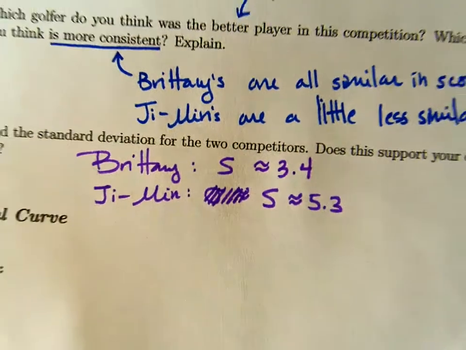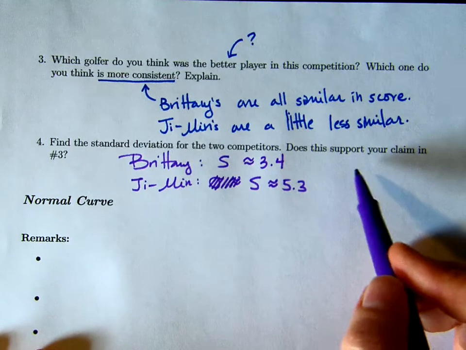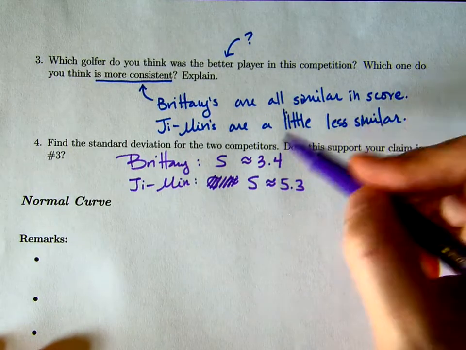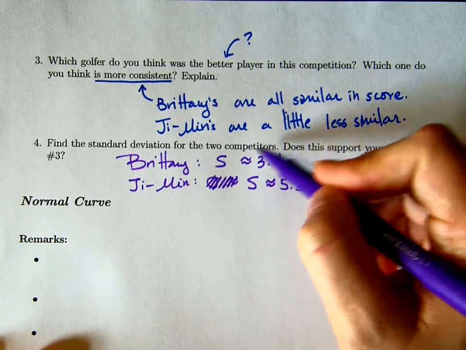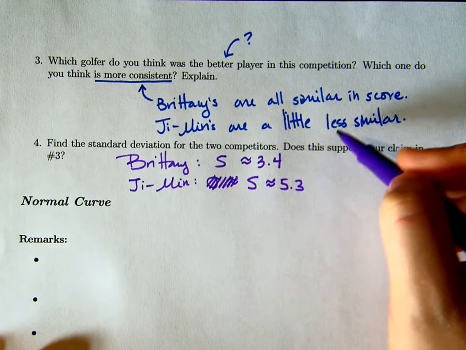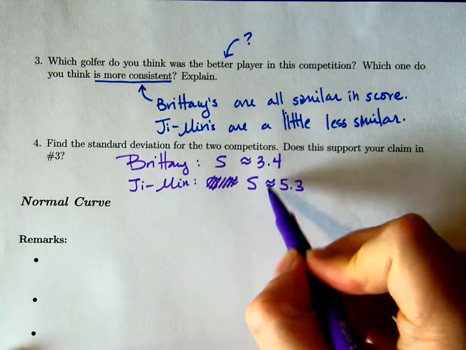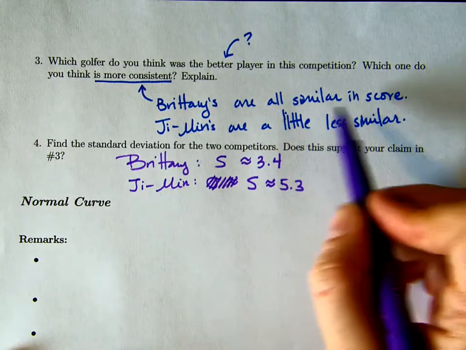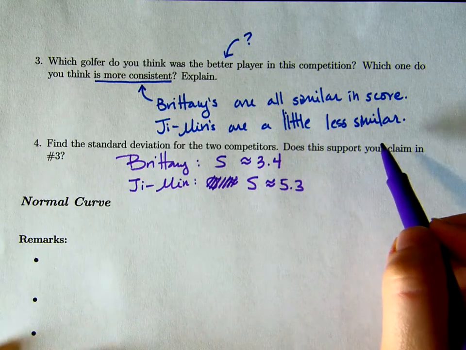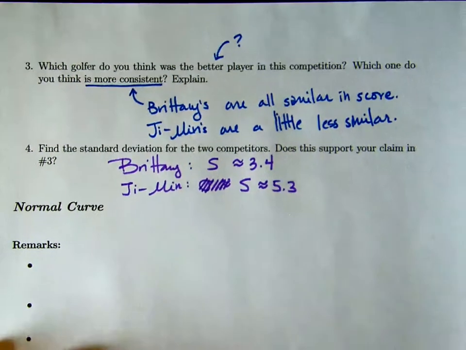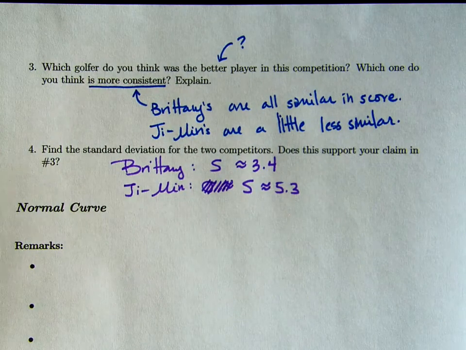Okay, and so here's the thing. Does this support your claim? Yes, actually, because the less this number is, the lower the deviation, the more similar your scores are as a whole. The higher your deviation, the less similar your scores are as a whole. So yes, it certainly does.